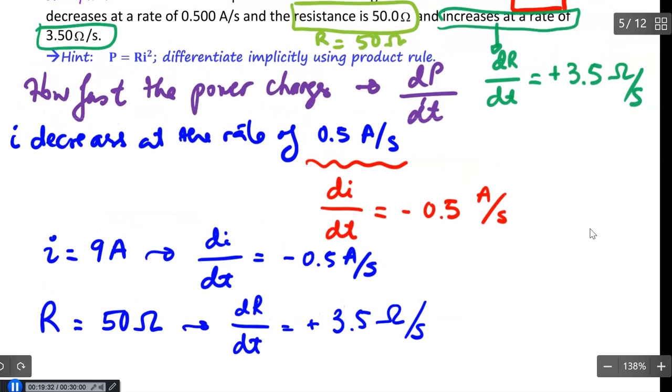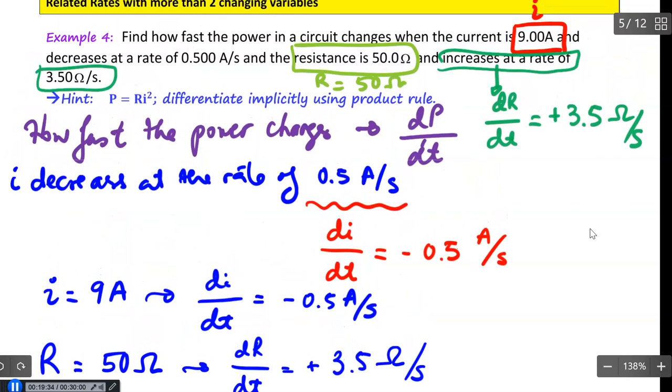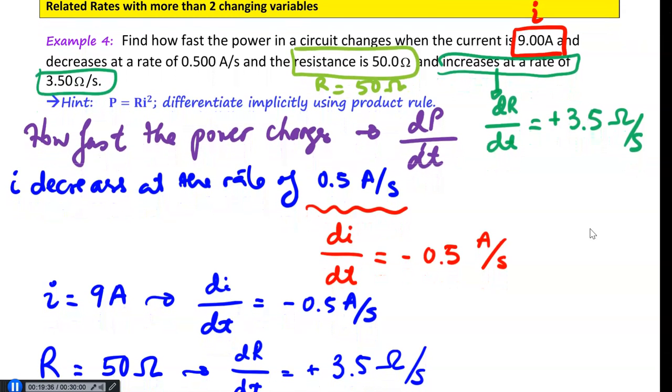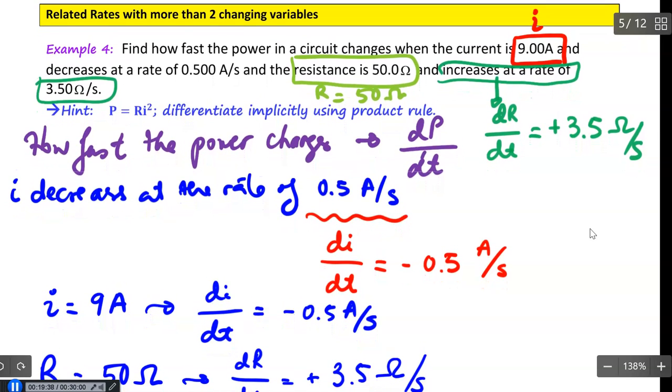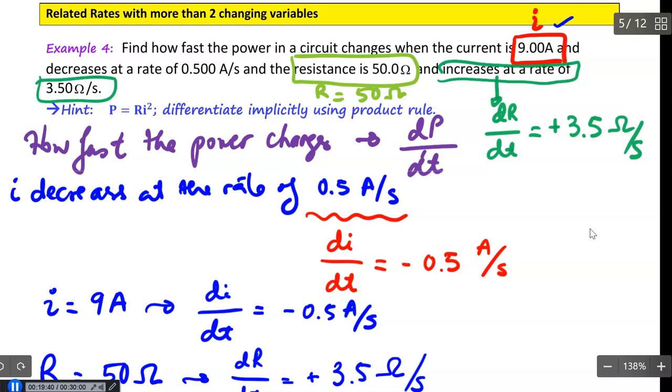So we have quite a few changing values. These are the two changing variables in this case.